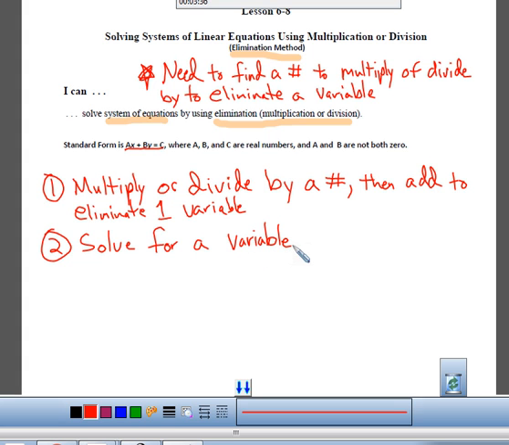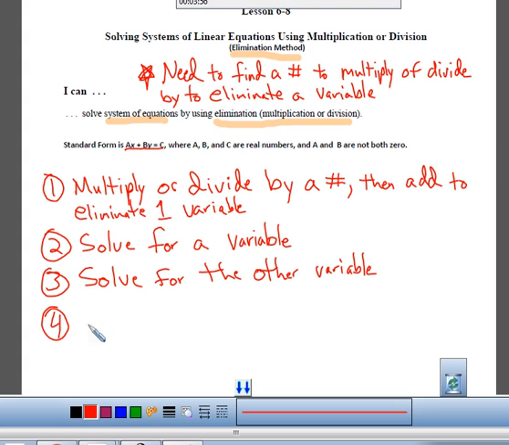Once you've found that variable, say it's x, then you're going to solve for the other variable. Step 4, we've always been doing the check. And then step 5, state the solution.